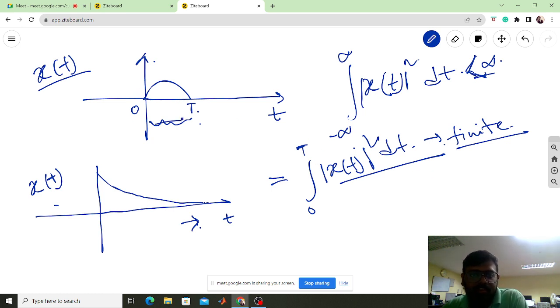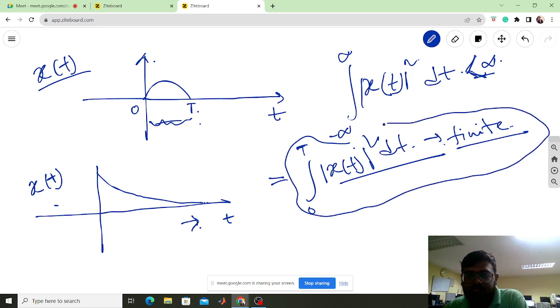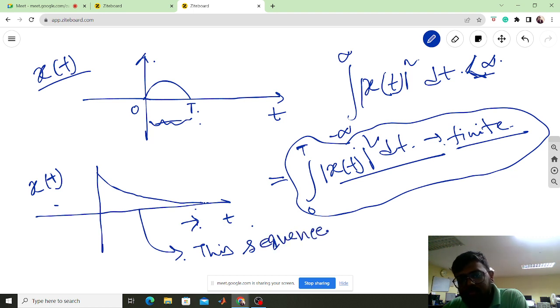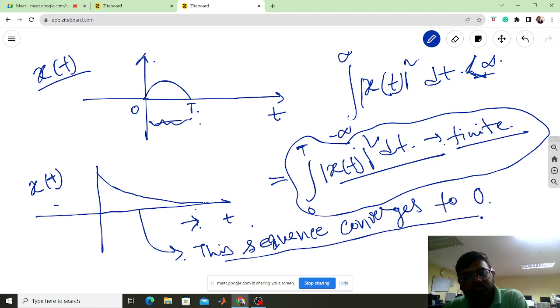For this case, it should be a finite quantity, and for this case also it should be finite. Why? Because this sequence converges to 0. As time progresses, this signal tends to 0. So that's why this is also an energy signal.